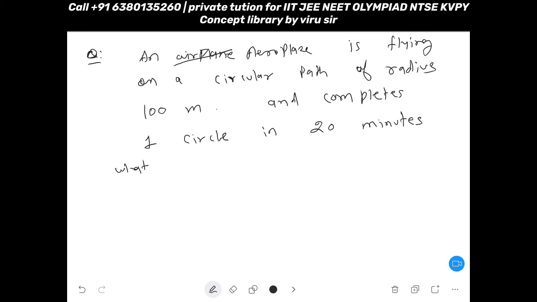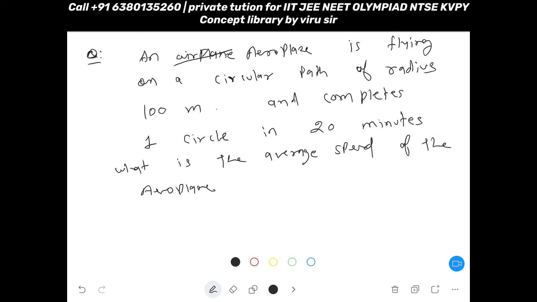What is the average speed of the aeroplane? Okay, so can you try this question? Try this question.